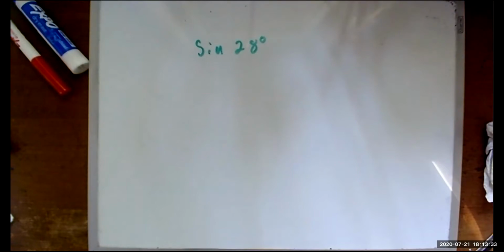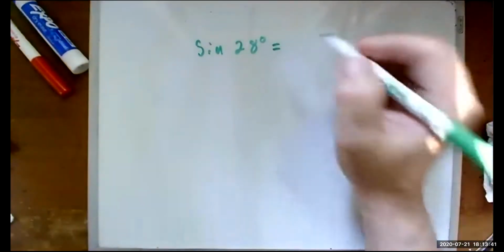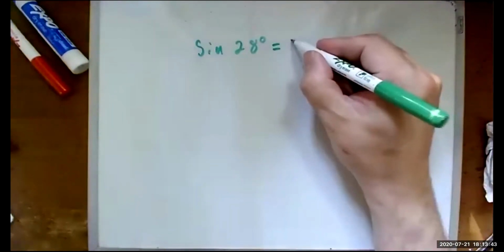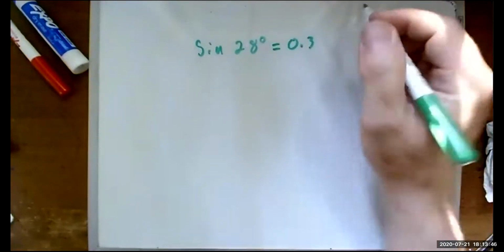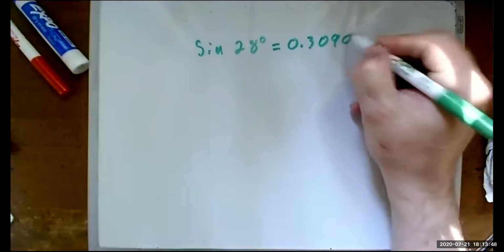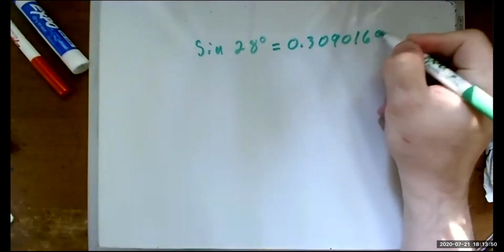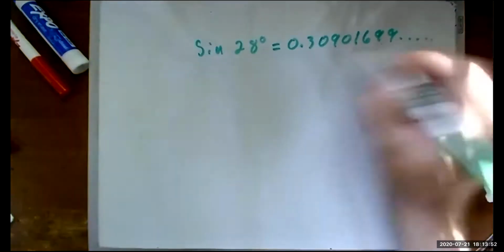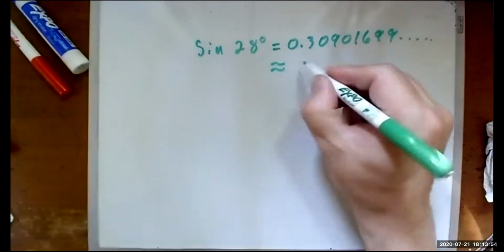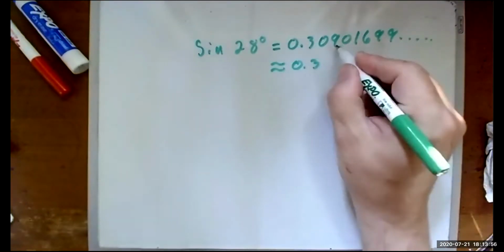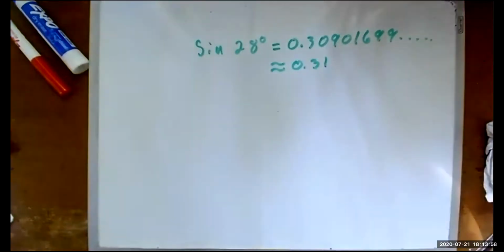It all depends on the calculator that you've got. It's going to come out looking like this to start with, and it goes on and on. We only want it to 2 decimal places, though. The 9 tells us we go up, so we're at 0.31.